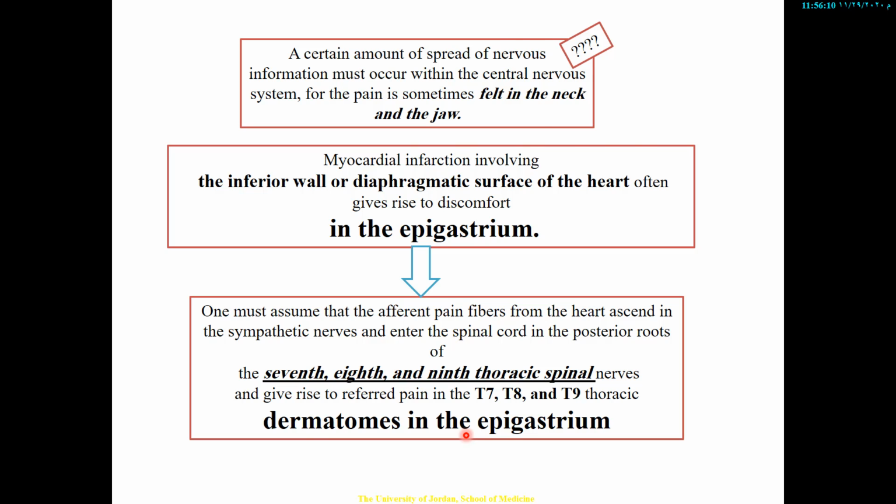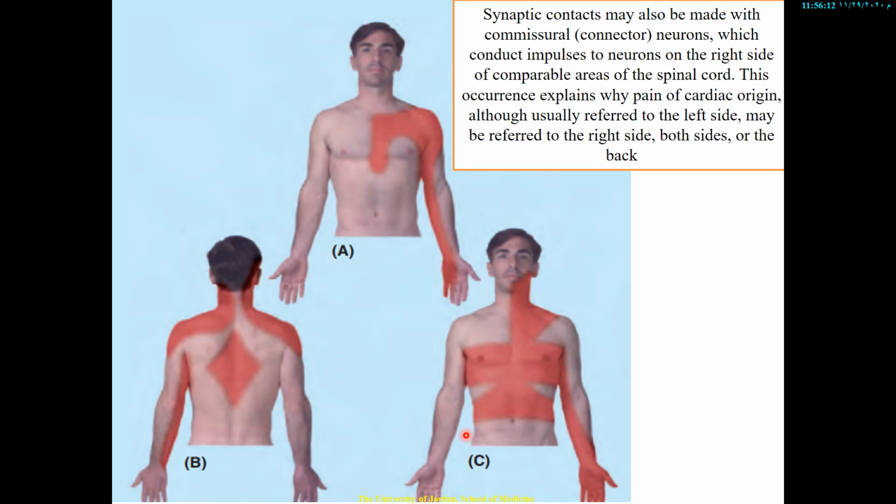So again, the final thing to think about is how amazing it is that your brain can play with your pain coming from different areas. We barely could explain this pain here in the medial side, in the upper part of the body.